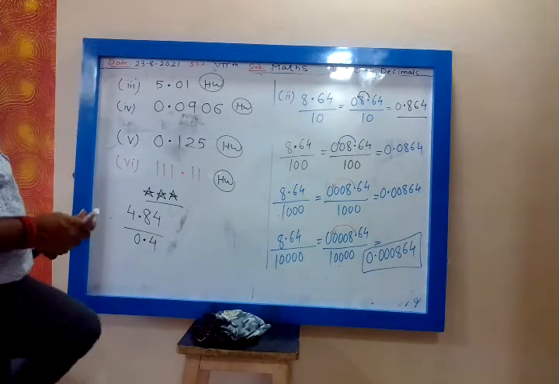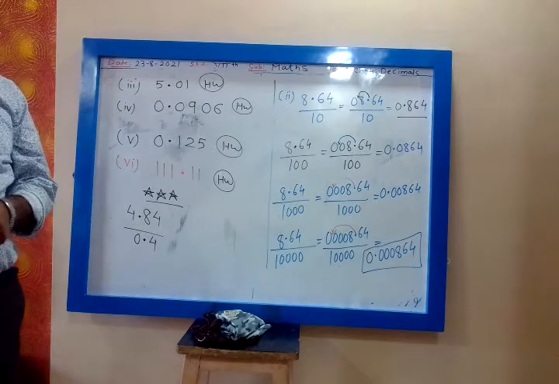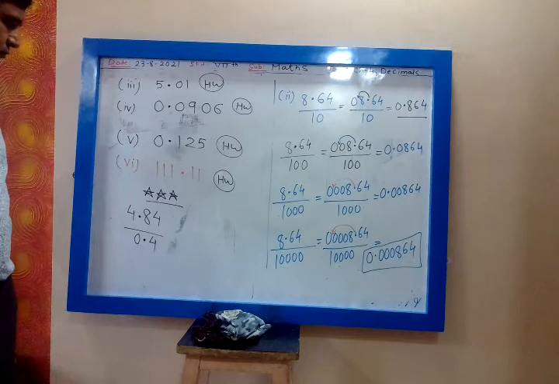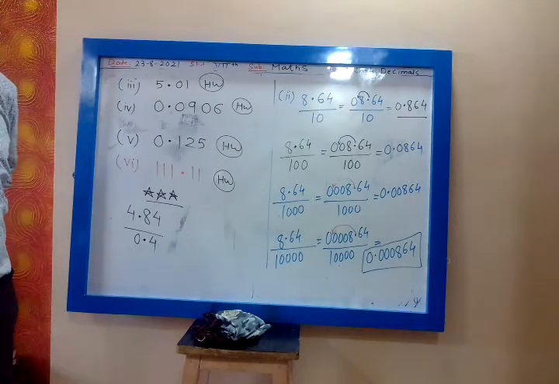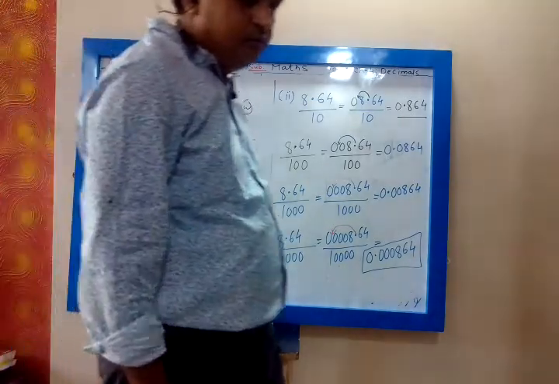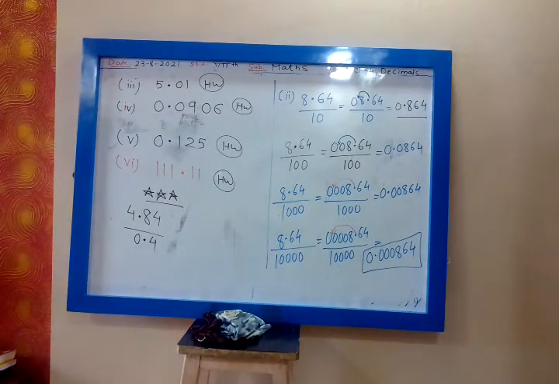Chalo, star question you have to solve. One minute time I am giving you. 4.84 divided by 0.4. Chalo, do it. 1 minute.